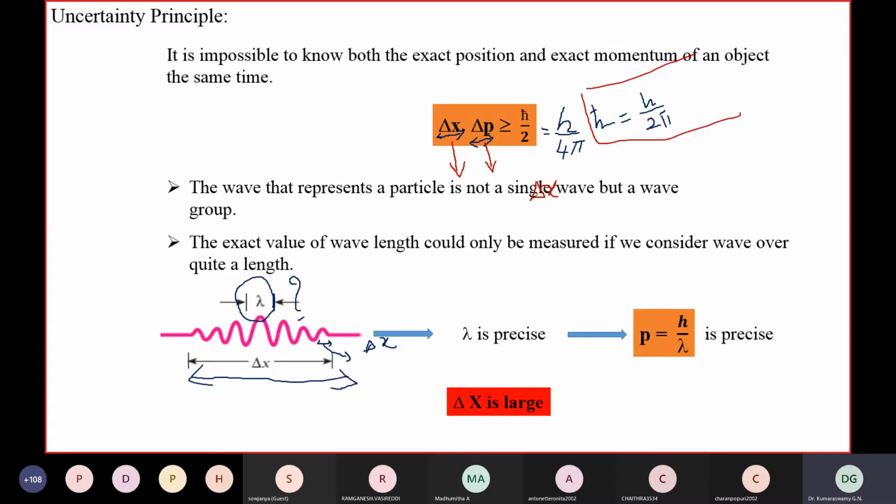This delta x and delta p, we are trying to measure at the same time, a simultaneous measurement, right? That means at the present moment we are trying to measure delta x and delta p. When we measure the present state of the particle with respect to delta x and delta p, we end up with some uncertainty, right?